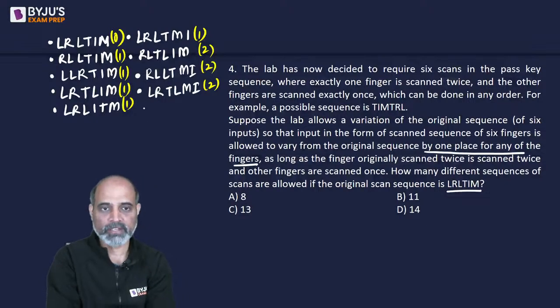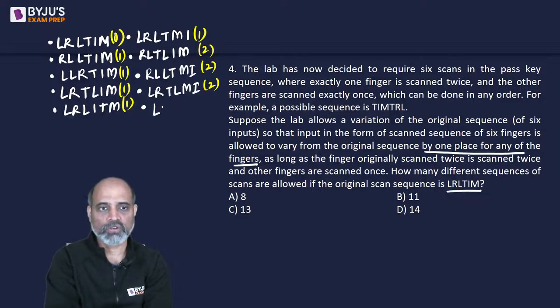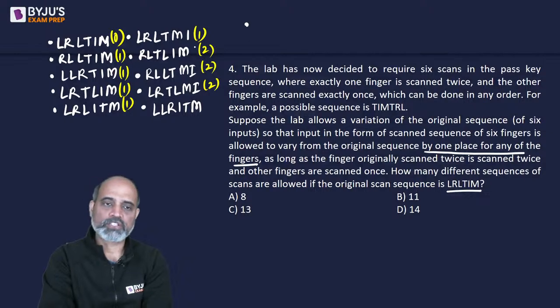There will be more. What if I interchange RL and TI? So I will have LLR and ITM. Next, what if I interchange RL and IM?